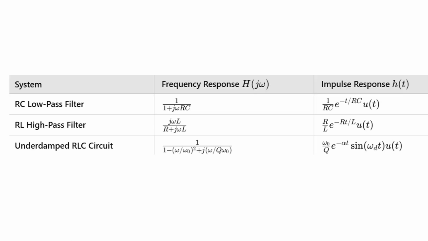So here are some responses. The frequency response and the impulse response will be the same in the frequency domain, and if you wanted to convert to the time domain, just use the inverse Fourier transform. As for example, for the RC low pass filter, the inverse Fourier transform will be 1 by RC e to the power minus t by RC. And here are some more examples. Just check this.